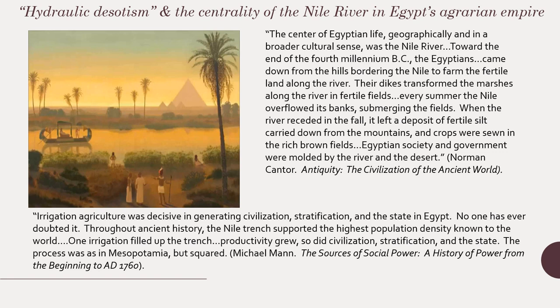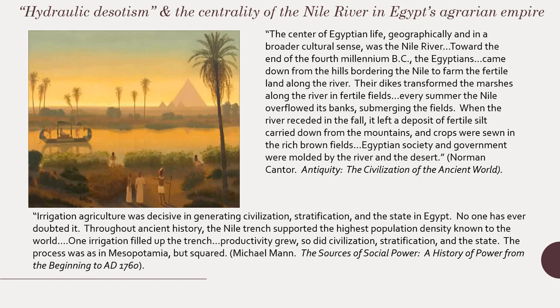Some historians talk about hydraulic despotism. I left the P out of despotism, I see. But hydraulic despotism is another way to say something I alluded to in the previous slide, and that is that the powerful empire, the powerful government, as we'll see, from the top down, starting with the pharaoh.